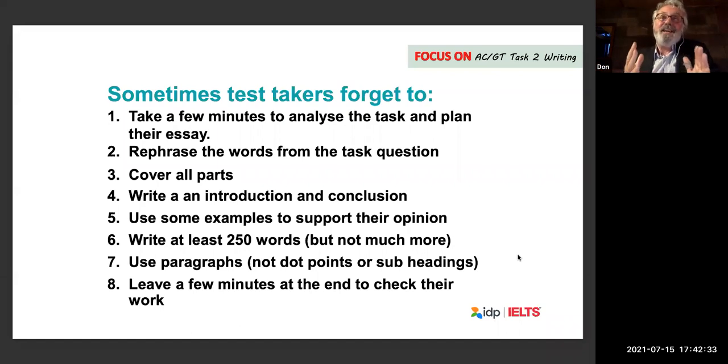Sometimes people forget to support their opinion with examples. And remember, the examples can be very personal examples. Sometimes people don't write enough words, or sometimes they write too many words. I would recommend about 270 words is a good number for a task 2 essay.